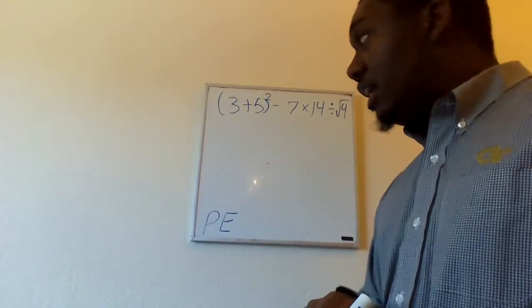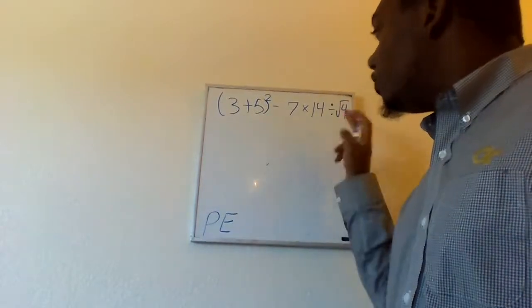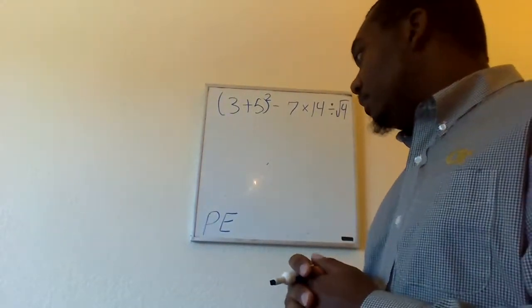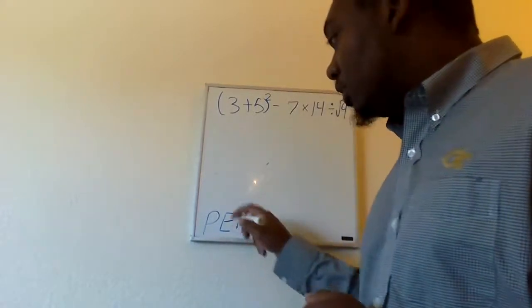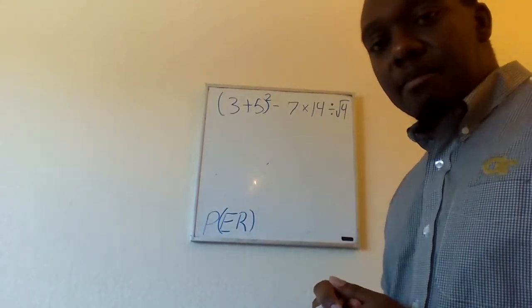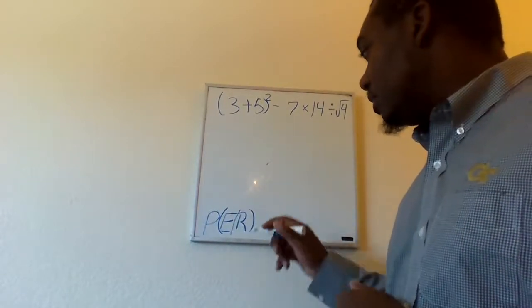So either of those. So if you see an exponent or root, you would do those before you do anything else. I'll put E and R, because right now, for many of you, it might be confusing to see exponents or roots as the same thing. So you would do either of these.